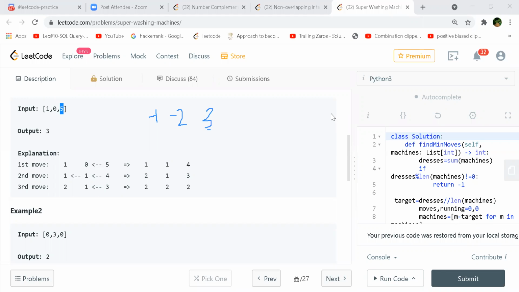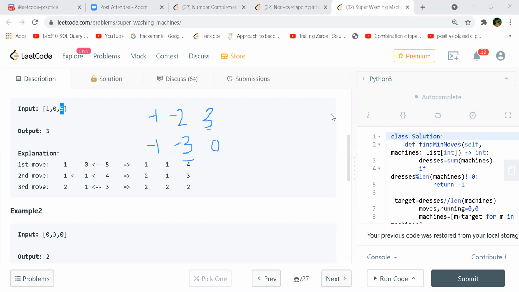So I think if we keep a running sum, that makes sense, because initially this will be -1, correct? So this will be -3 and this will be 0. So what that means is in this particular machine, there were 3 movements, correct?